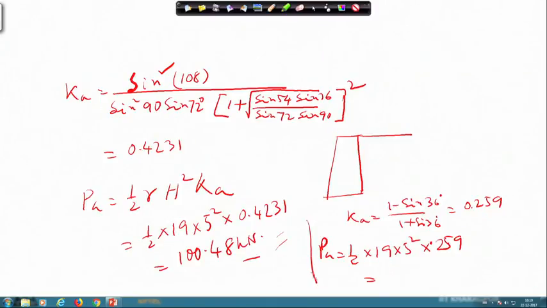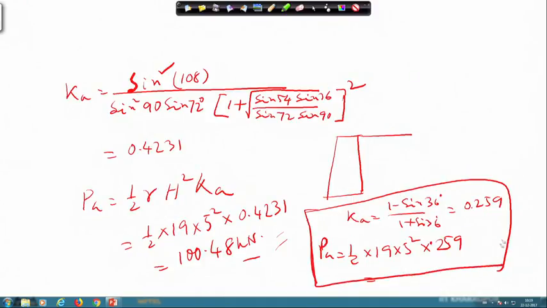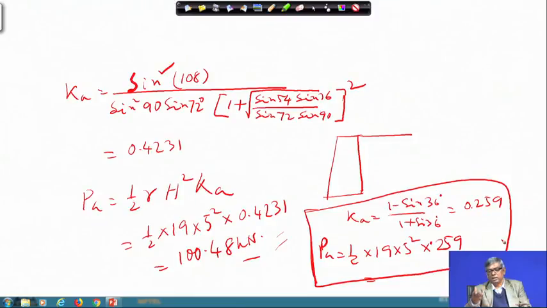So, this is the difference between Coulomb's and Rankine's. Of course, if you know Coulomb's theory and if you want to use Rankine's theory, you have to see the appropriate values, since Coulomb's is generalized and Rankine's is a special form. Like wall inclination, you can put beta equal to 90 degrees, so it becomes Rankine's. Similarly, if you put I as 0, then it becomes Rankine's level surface.